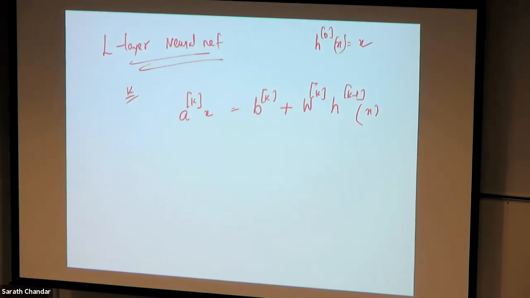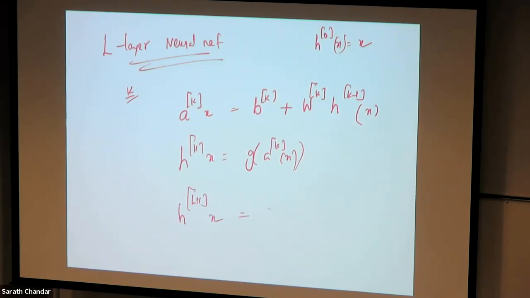So you start with x, multiply h_1(x) by W_2, which gives you a_2, and you have h_k(x) equal to g of a_k(x). Finally, the output h_{L+1}(x) is going to be the output function of a_{L+1}(x). This is my function f(x). Is that clear?